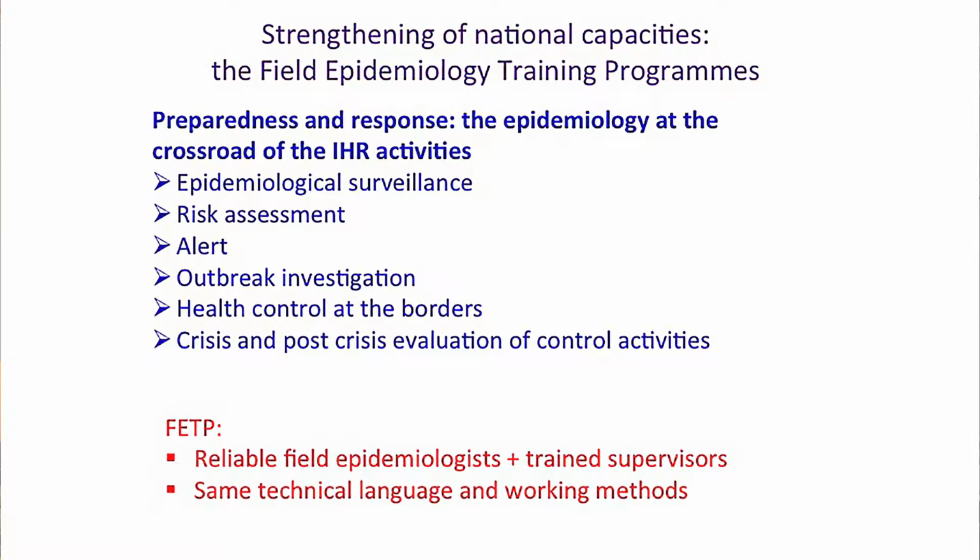And here, when we are talking about strengthening national capacities, epidemiology is at the crossroads of many international health regulation activities: epidemiological surveillance, risk assessment, alert, outbreak investigation, health control at the border, and crisis and post-crisis evaluation of control activities. For all these activities, the role of epidemiologists is very important.